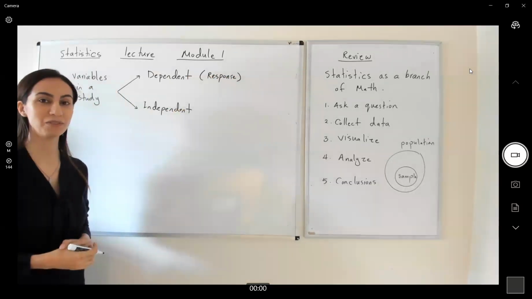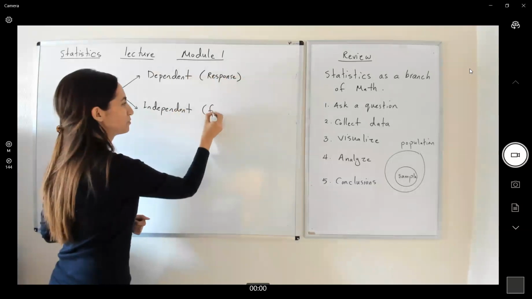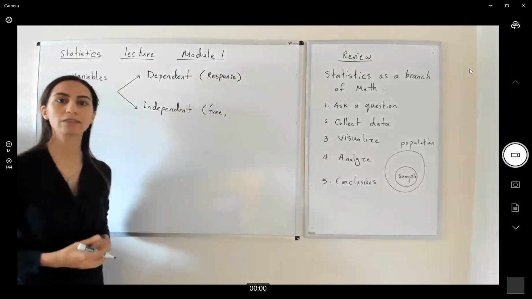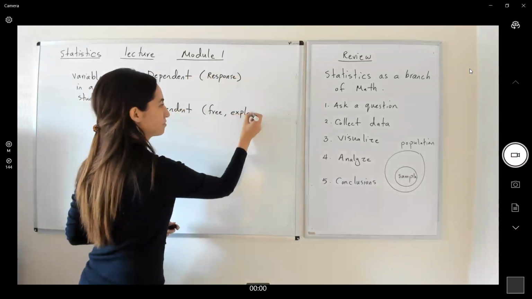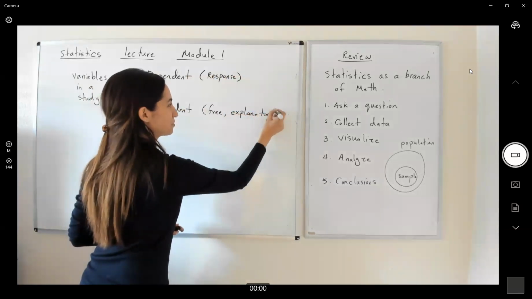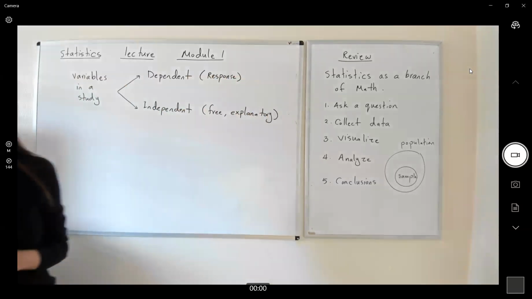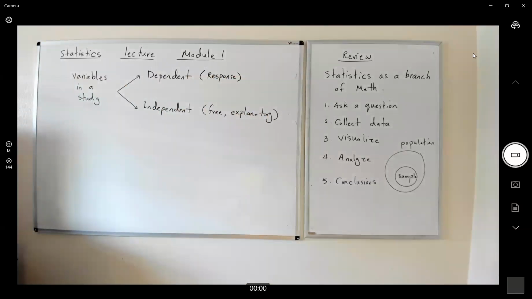Independent variable or free variable is also called explanatory variable. Well, let us take a look at one example in the note.